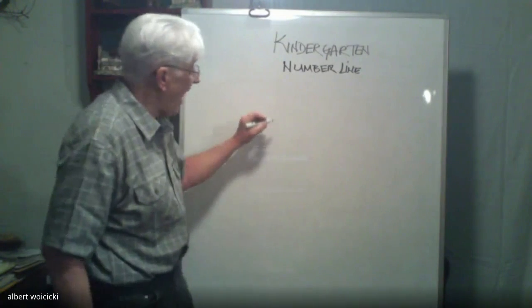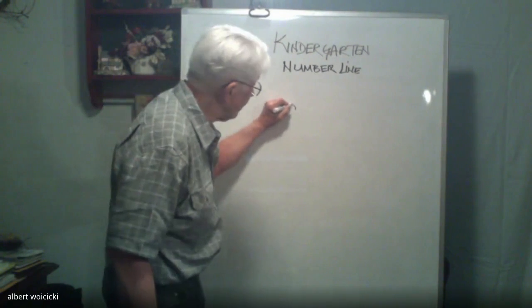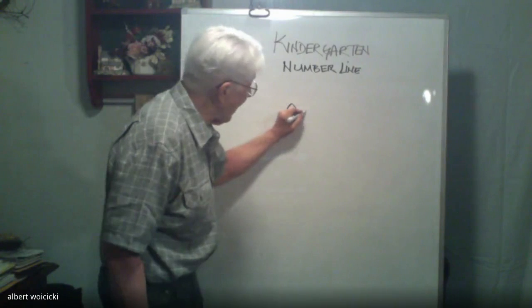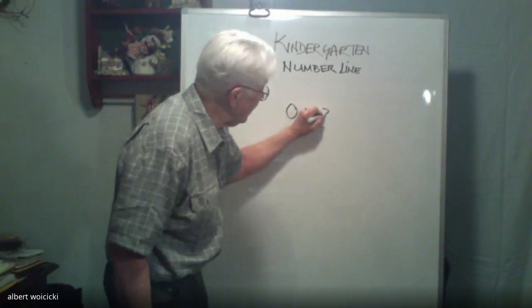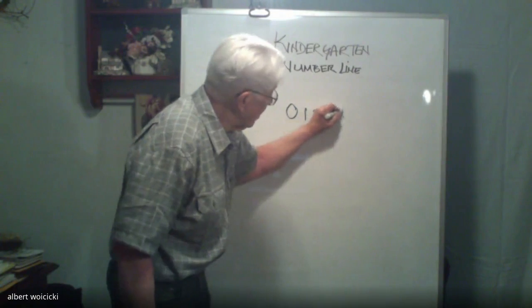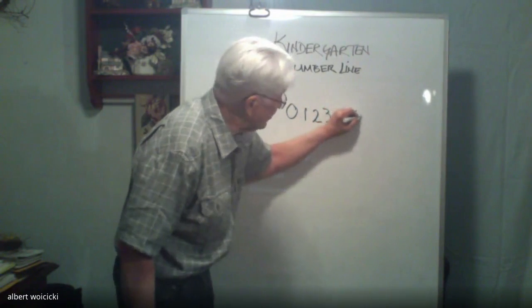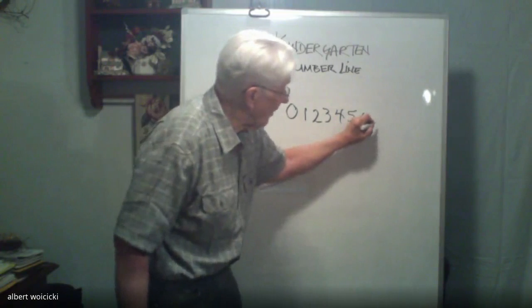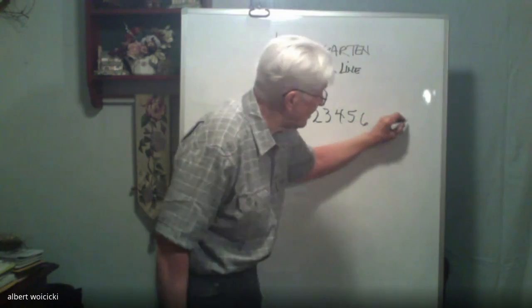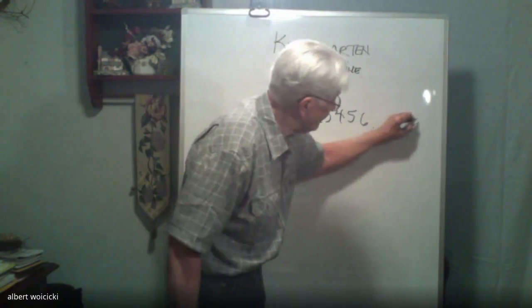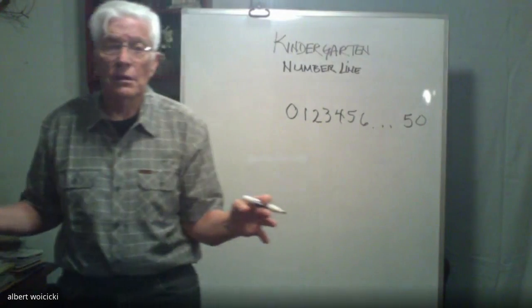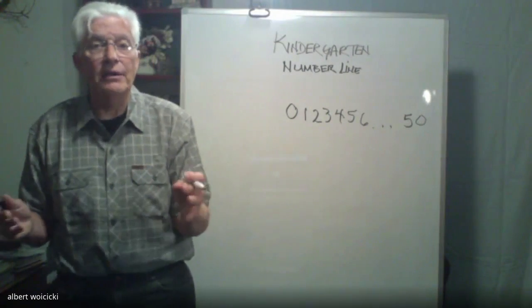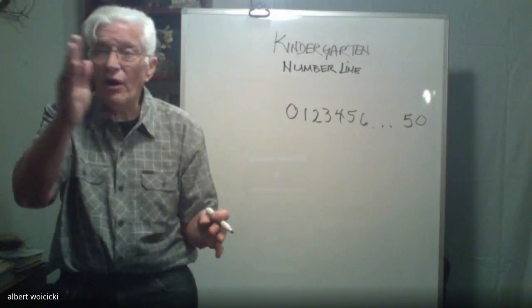And that you have the 0 and you have the counting numbers: 1, 2, 3, 4, 5, and so on. And that could go all the way up to 50 on your wall. That's your number line, and the students are seeing that all the time.